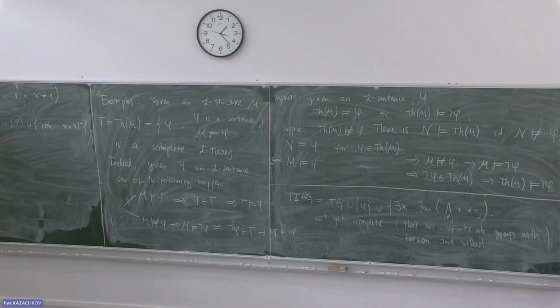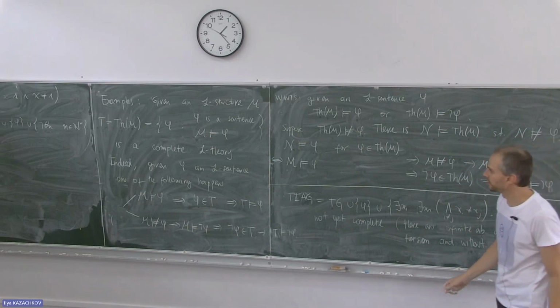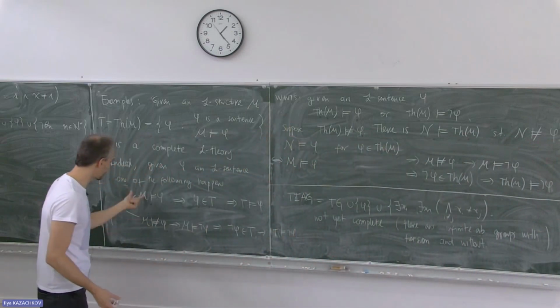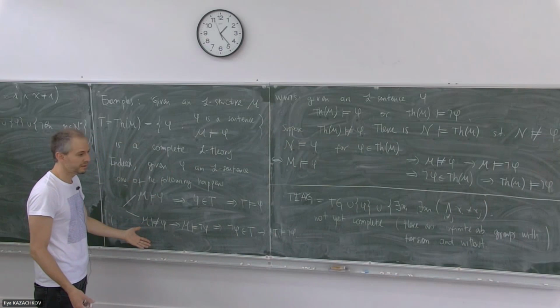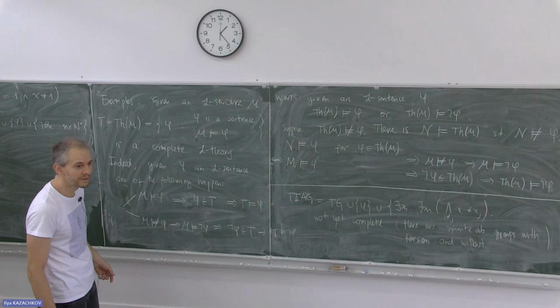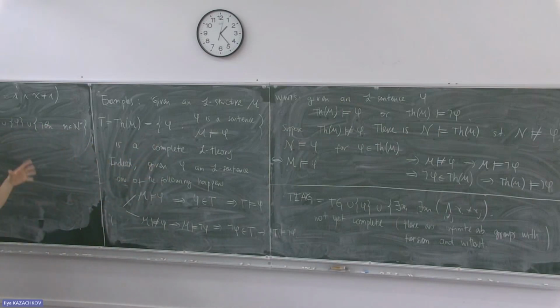This is another way of showing it, but basically it tells you that you can already take M here to decide if the formula is going to be in T or not. Perhaps this way clarifies the proof a little bit.